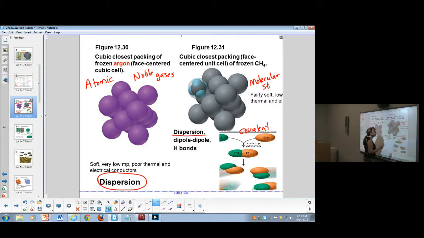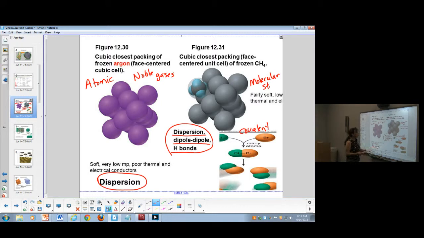They can have dispersion forces, so if they're really nonpolar, they stick together pretty strongly because there's nothing except dispersion in them. Individually they're very weak, but when there are a lot of them, they become more and more strong.